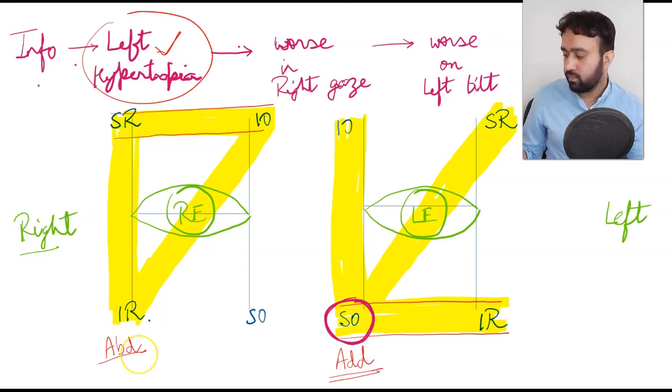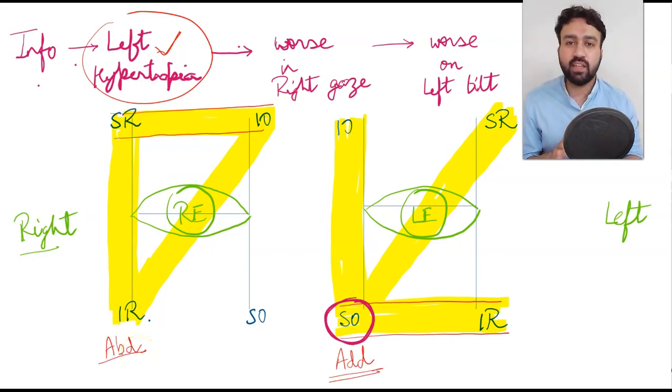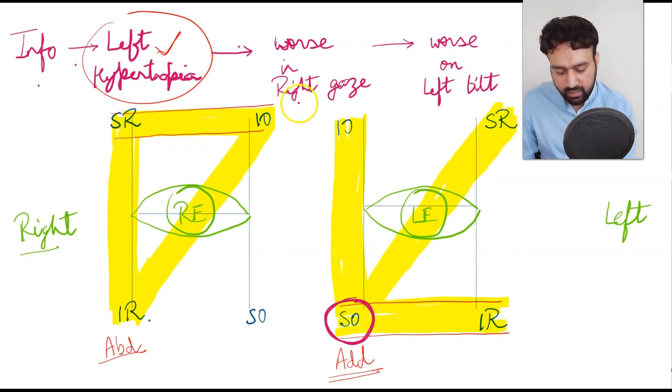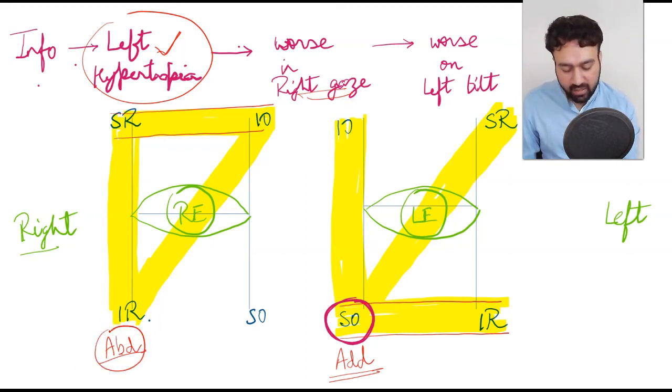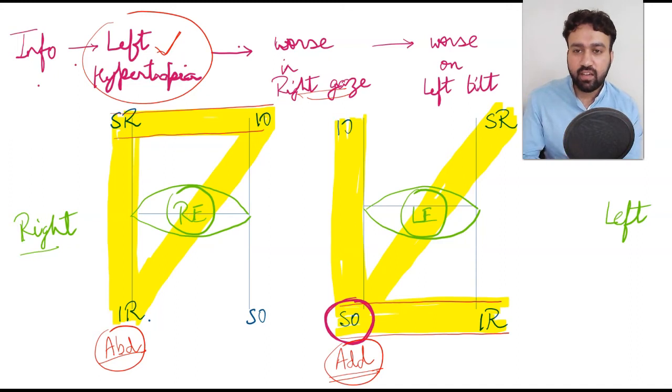Now the second point is that the hypertropia or diplopia is worse in the right gaze. Now, if you look at the right gaze, the right eye goes into an abduction and the left eye goes in an adduction, correct? So basically, in right gaze, right eye is in abduction, left eye is in adduction.